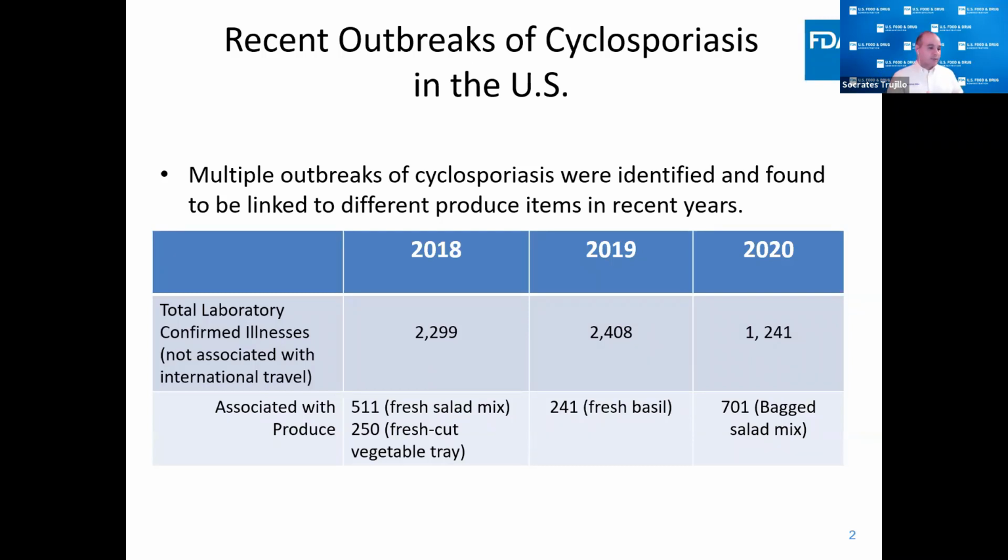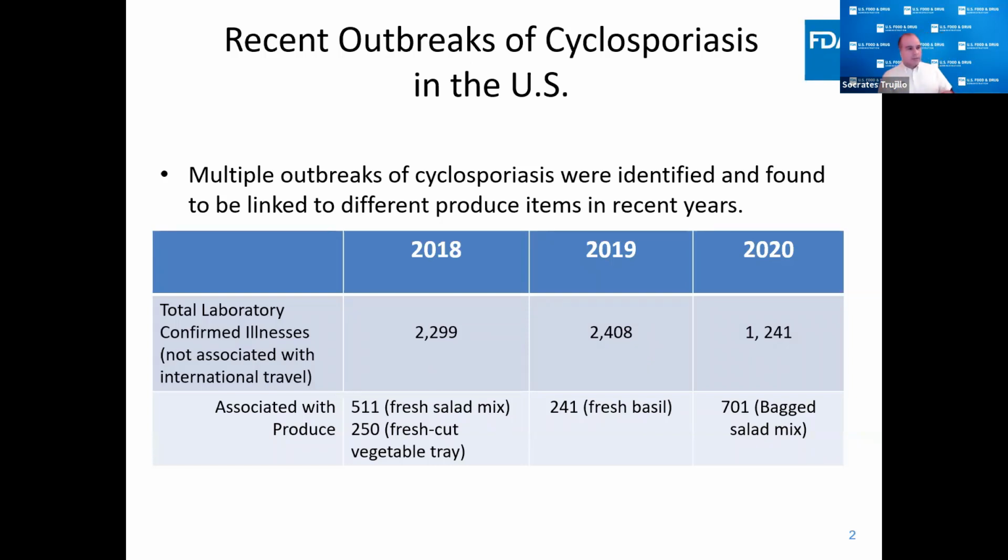So the majority of the information that we had was for fruits or vegetables that came into the United States and were consumed by our citizens, or were associated with travel, meaning that individuals consumed fruits or vegetables contaminated with this parasite, came back to the United States, and developed the disease.